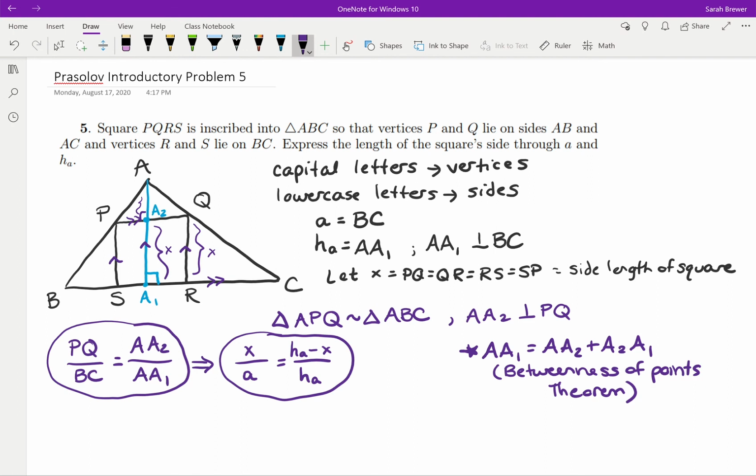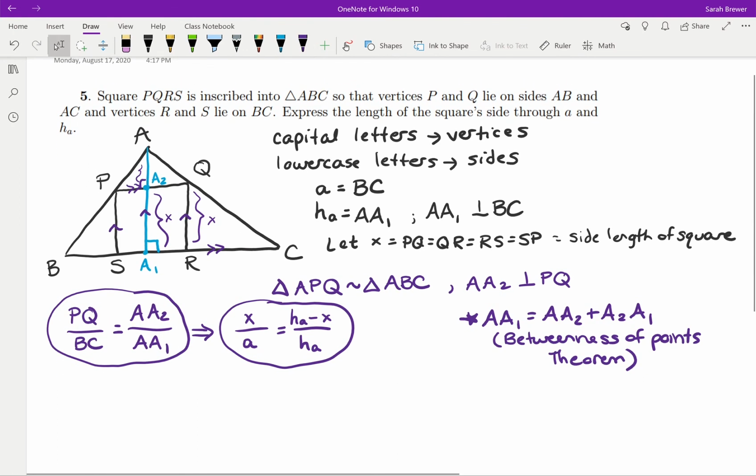So it's actually solving for what we're looking for. Because if I'm trying to express the square side, which we're calling x, in terms of a and HA, I don't want to have any of these vertices A, A1, A2, B, C, P, Q. I don't want to have any of those in my equation.